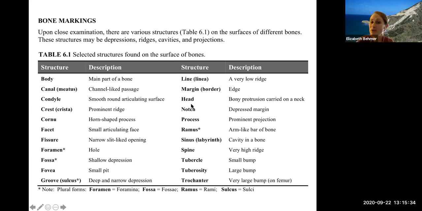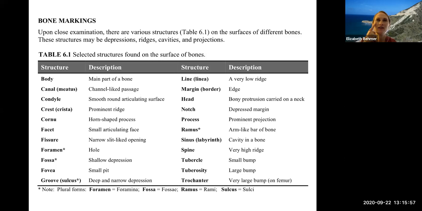The head of a bone is the bony protrusion carried on its neck. So we have the head of the humerus, which sits into your scapula to form a ball and socket joint. The femur also has a head that fits into your hip joint. A notch is a depressed margin.